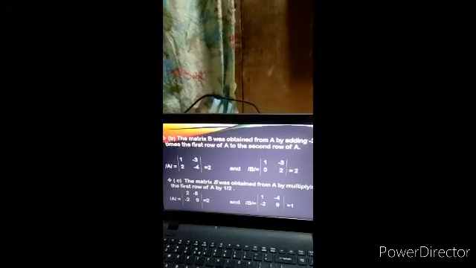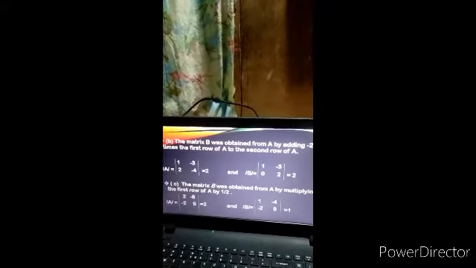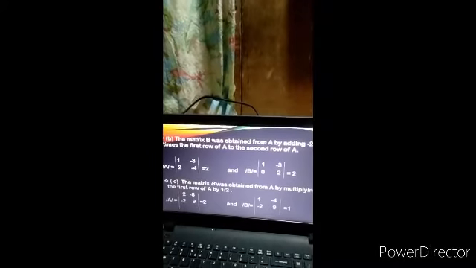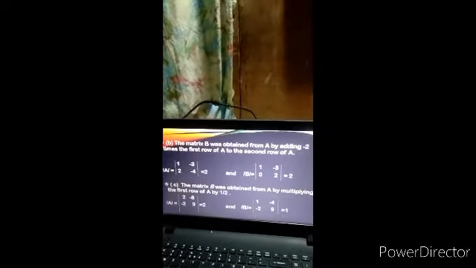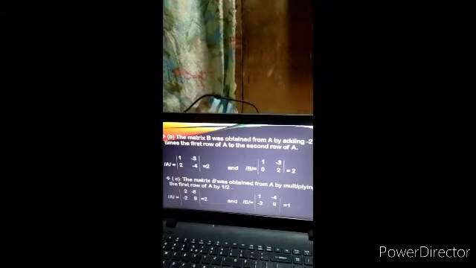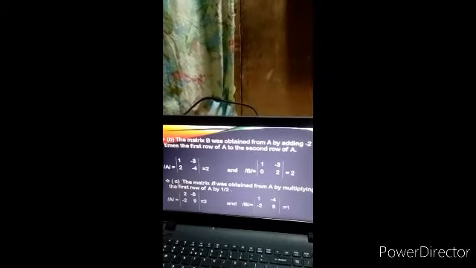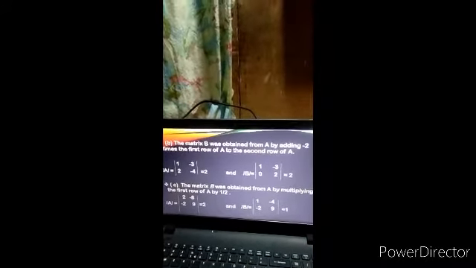Okay, let's proceed to the third effect. The matrix B was obtained from A by multiplying the first row of A by 1/2.